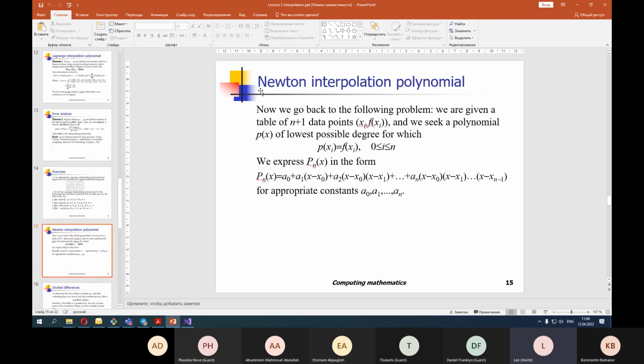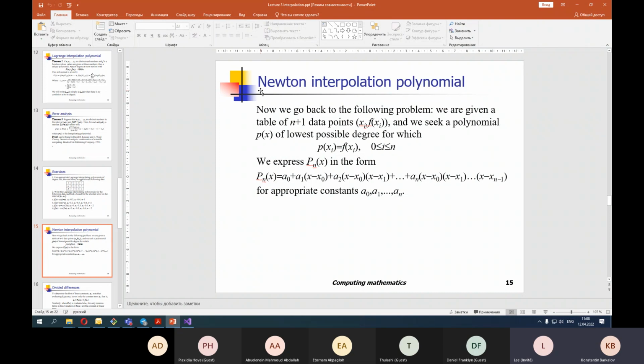And this new type of interpolation polynomial is called Newton interpolation polynomial. The previous interpolation polynomial that we considered in the previous lesson was called Lagrange interpolation. Now we consider Newton.